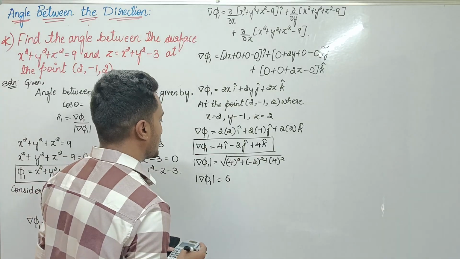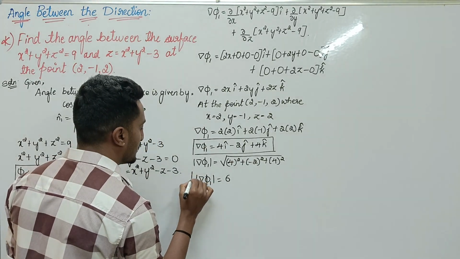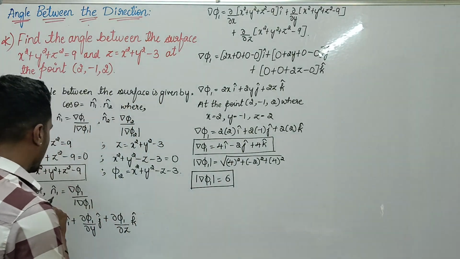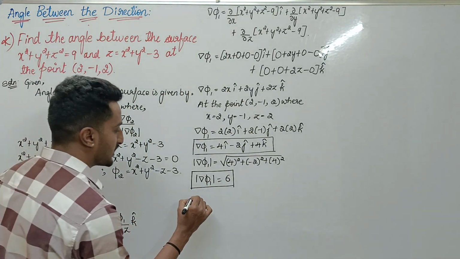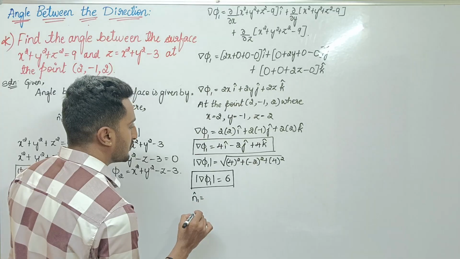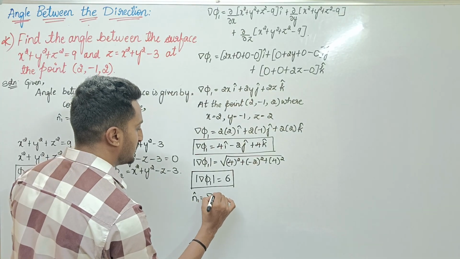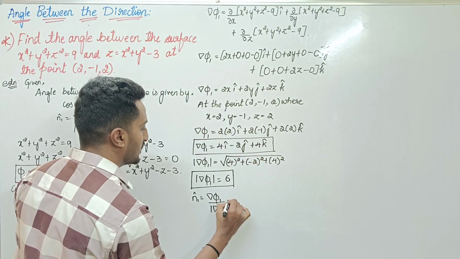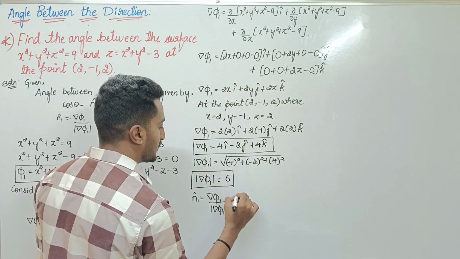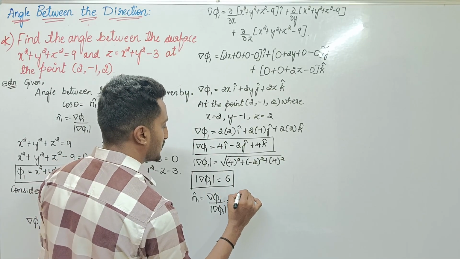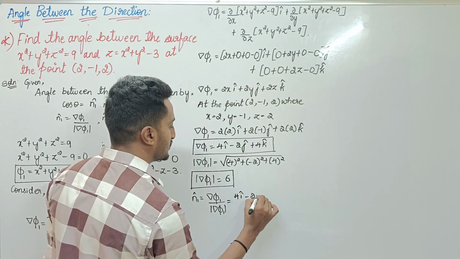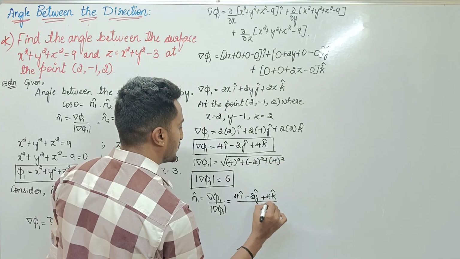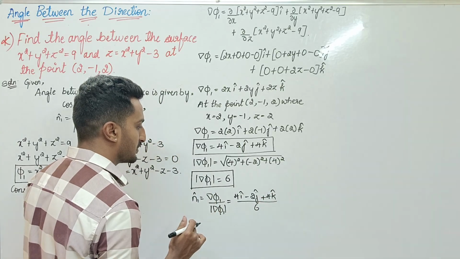The value is 6. This is the modulus of gradient phi1. Now n1 cap represents gradient phi1 divided by modulus of gradient phi1, that is 4 i cap minus 2 j cap plus 4 k cap divided by 6.